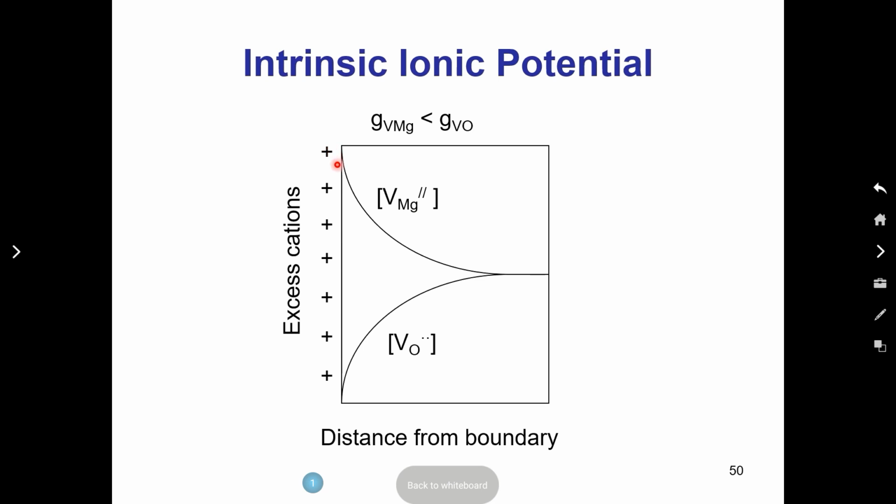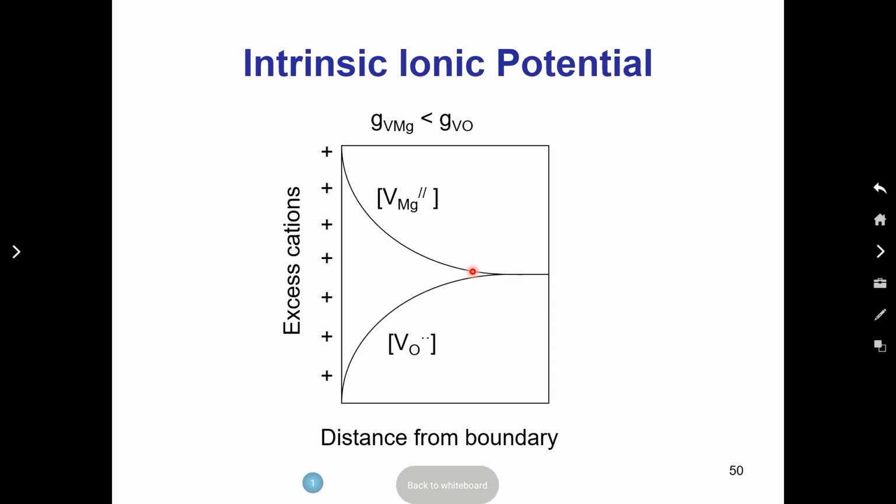Look at how it varies at the surface: very high, and it keeps on decreasing as you move into the bulk. Oxygen vacancy concentration on the surface was very little, because its energy of formation was higher than this energy. But eventually, as you move into the bulk, they become equal.